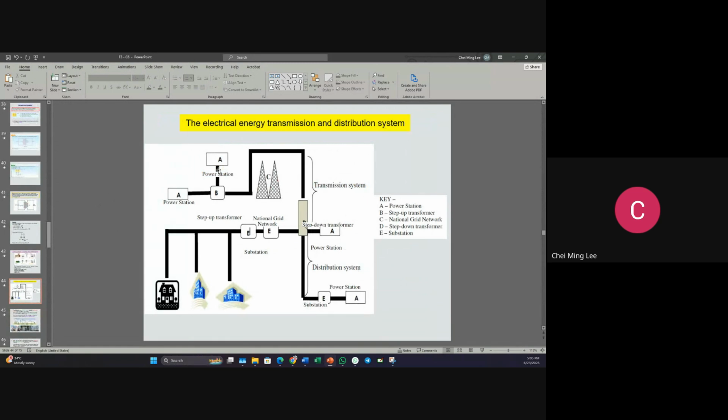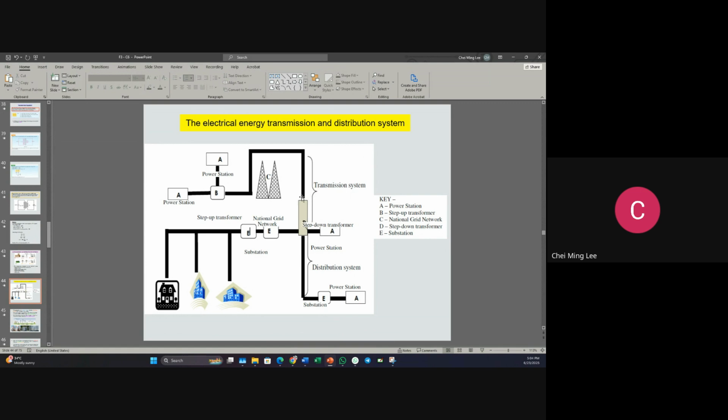Okay, we have the power station, then go to a step-up transformer, up to the national grid. Okay, and then we have these, the transmission system. Involved is the step-down transformer, and then back to a distribution system, then from substation to others, something like that.